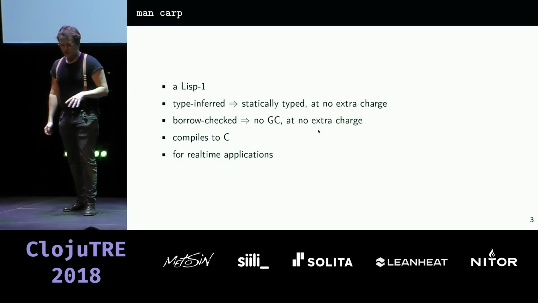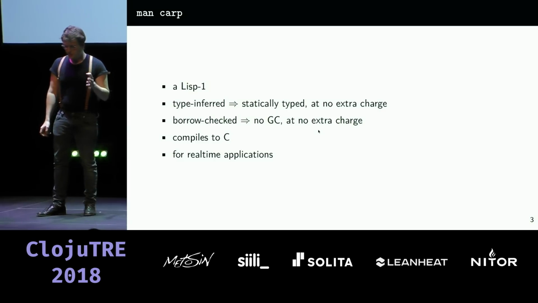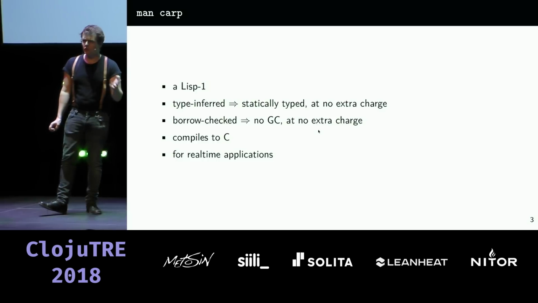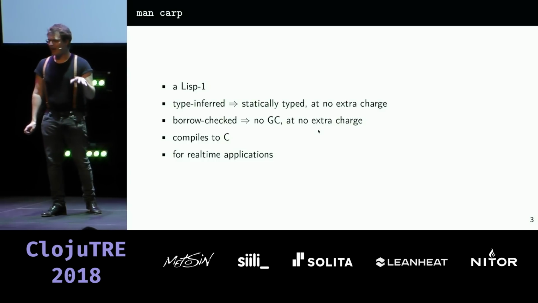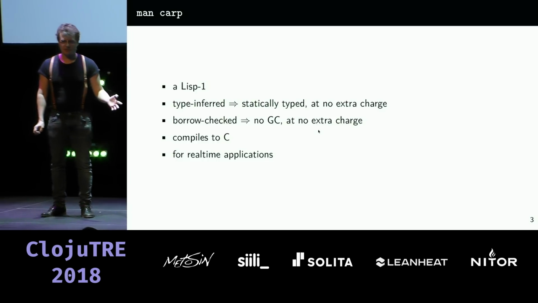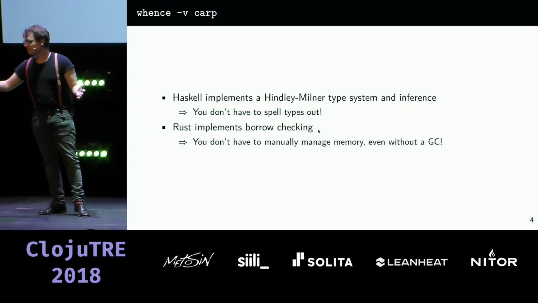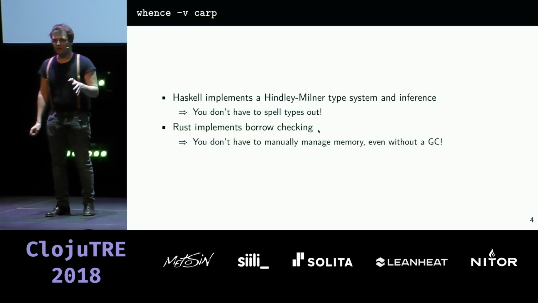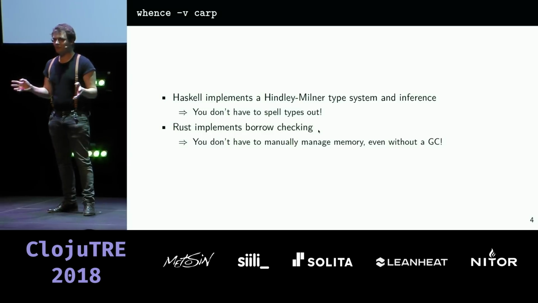Both of these concepts aren't new. The type inference that we do is based on Haskell's, and the borrow checking we do is based on Rust's. Haskell implements a Hindley-Milner type system, which is a very fancy word, but it's actually very straightforward, and it's very powerful.